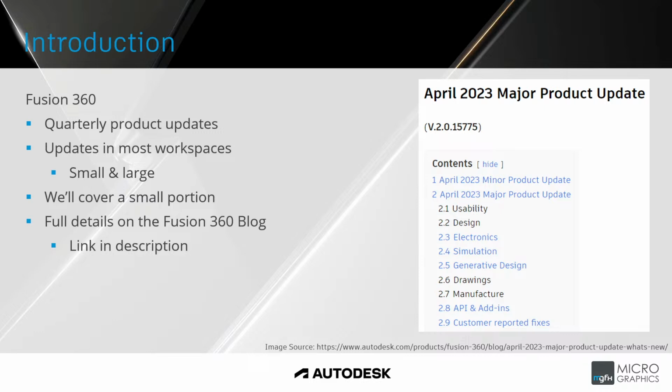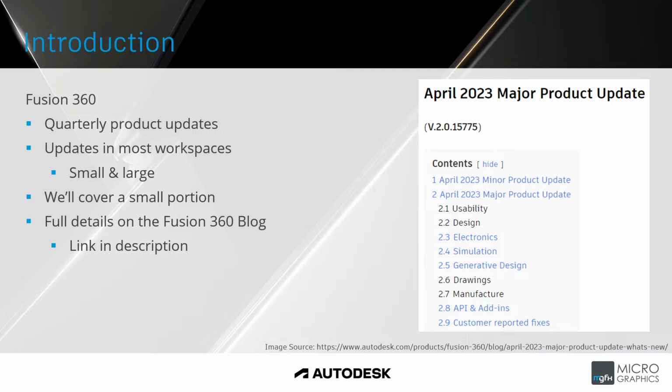These updates typically bring updates to most of the workspaces, whether they are small quality of life improvements, or large updates, overhauls, or the implementation of new features. They typically cover a wide range.